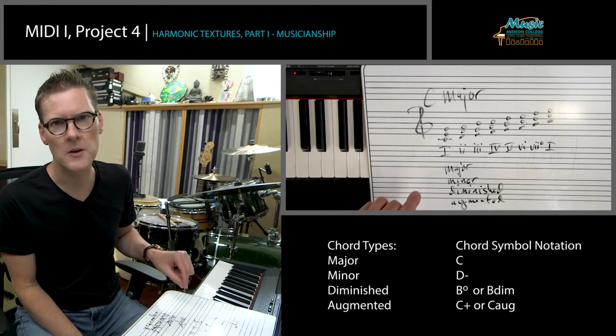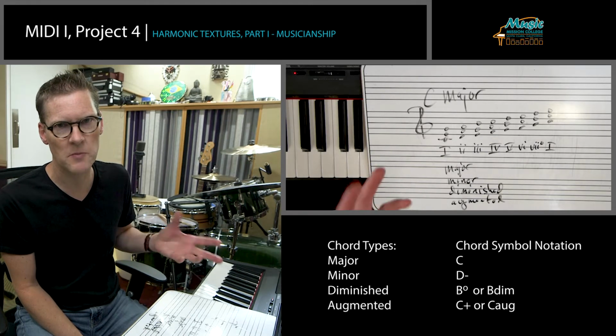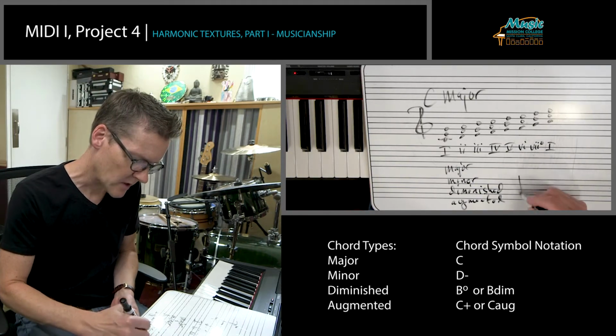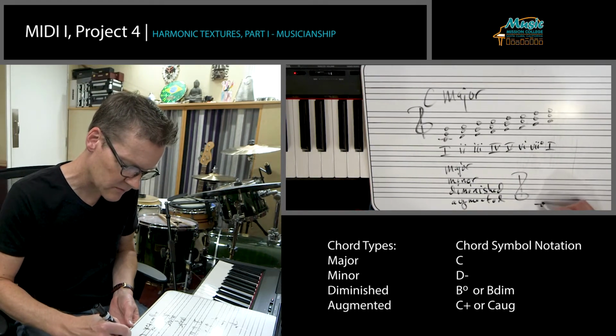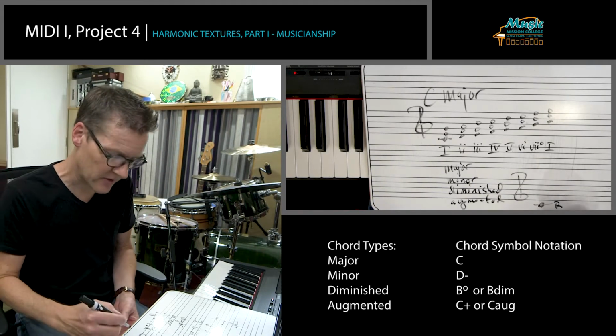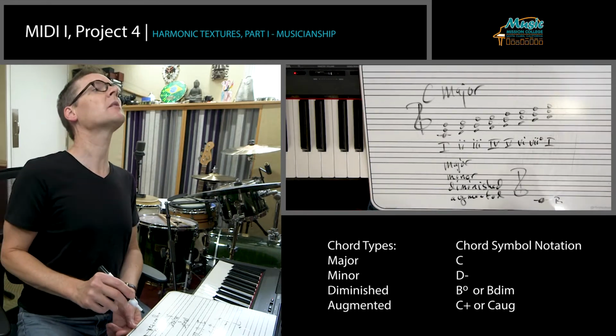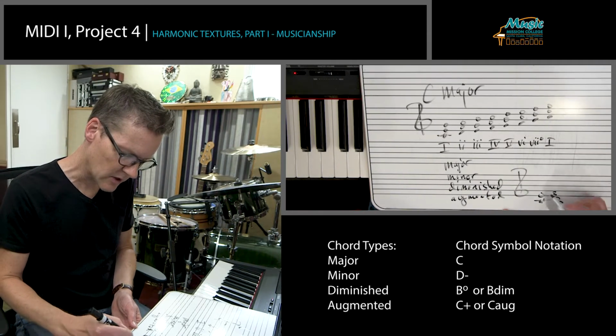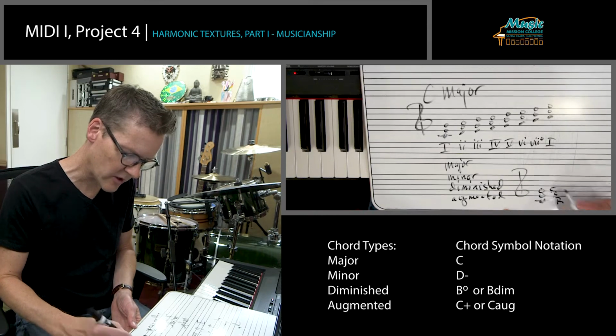But essentially, each one of these chords is made up of the component parts of a root, a third, and a fifth. So the root is this C on the bottom here. And then when I do the third above, it goes there. The next note we call the fifth.